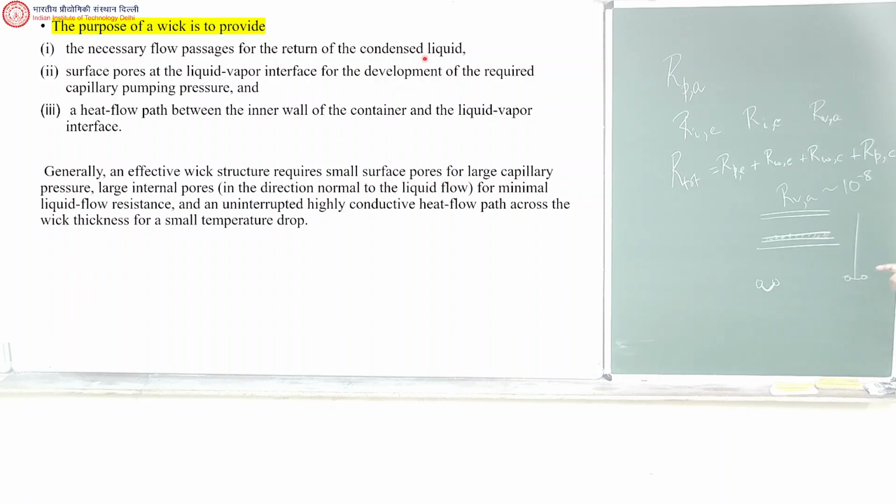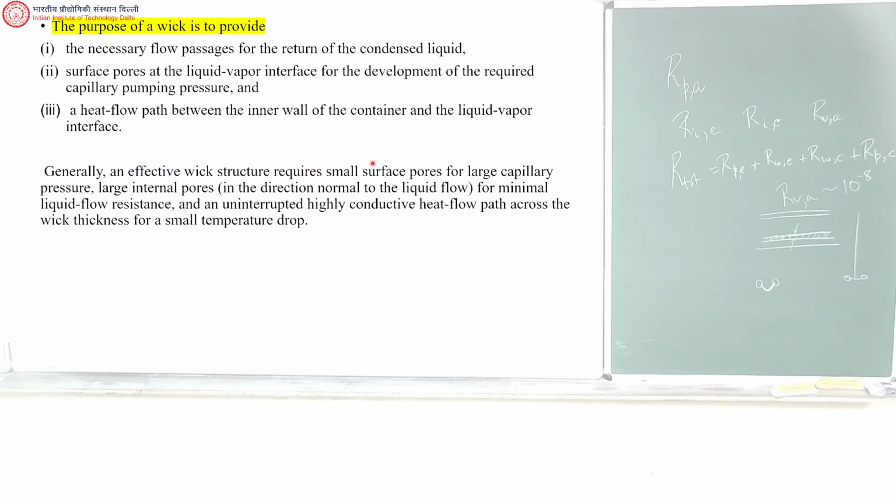So it needs the internal pore. And there has to be a heat flow path between the container and the liquid vapor interface. Here is the liquid vapor interface, and this is the container wall. So between them there has to be transfer of heat also, isn't it? So there is a heat flow path also.